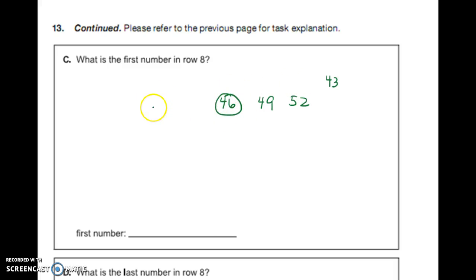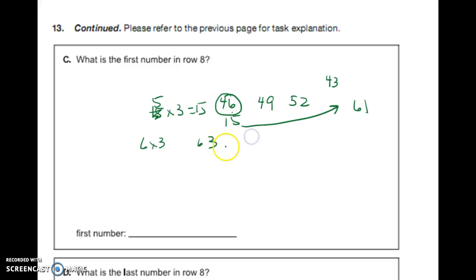So 5 times 3 gives us 15. So 46 plus 15 gives me the last number, which is 61. So the next one starts with 63, and that's row 7. So 6 times 3 is 18, so I'm going to add 18 to get the last number. So that's 81.